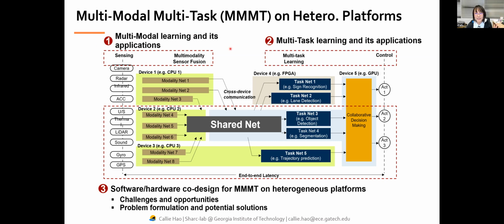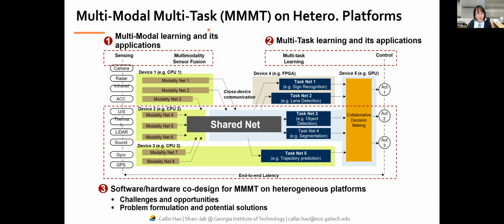That's the model side. And then on the hardware side, for autonomous systems, the system is very, very heterogeneous. We can have CPUs on the platform, GPUs, FPGAs, and we also have different controllers. So how to efficiently map this multimodal, multitask (MMT) model onto the heterogeneous platform is itself very complicated.